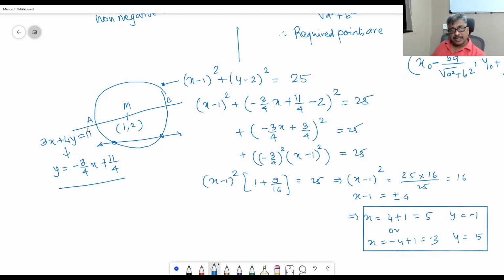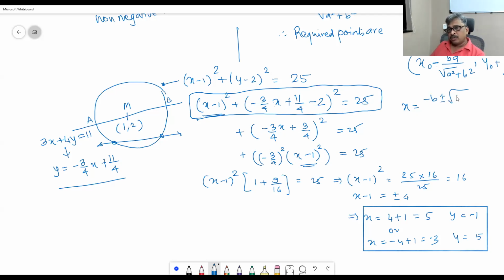However, if passing through the center, you don't disturb the symmetry that is available, and therefore it becomes absolutely easy. But I am sure you must have messed it up at this point. You must have expanded these two and kept watching, and then a small error somewhere will give you x is equal to minus b plus minus under root b square minus 4ac upon 2a.